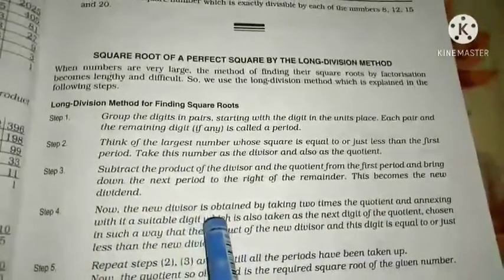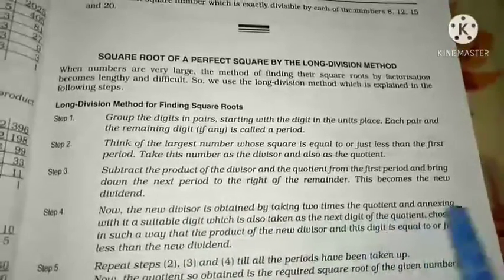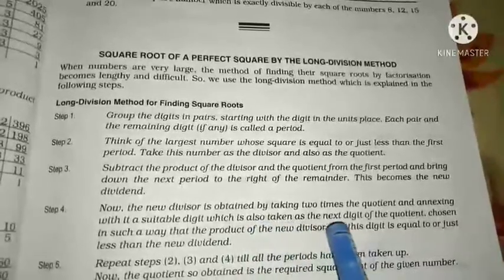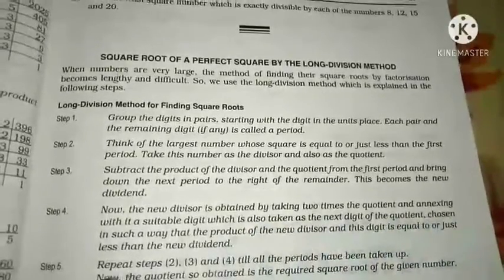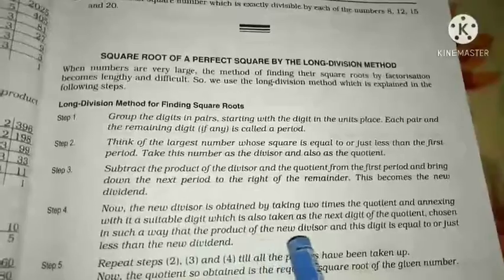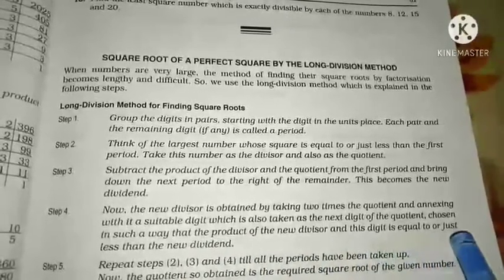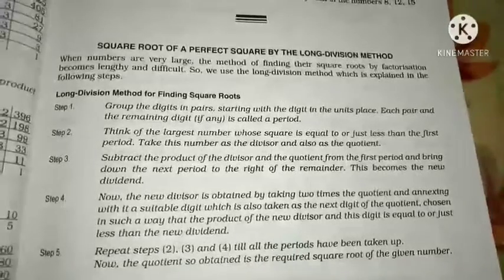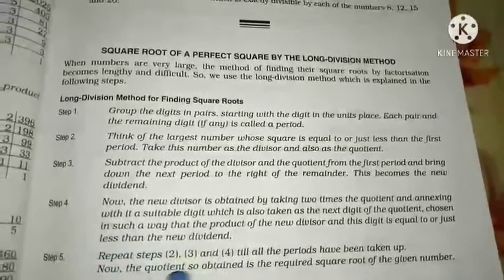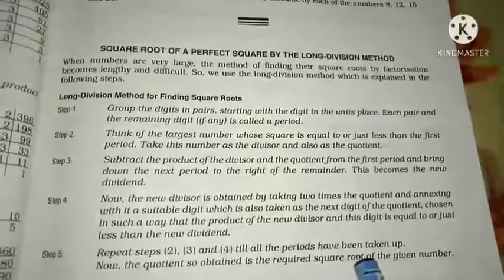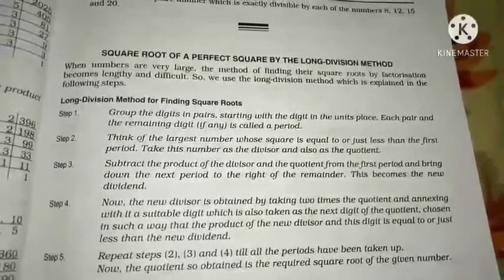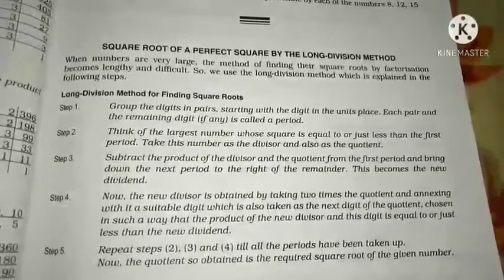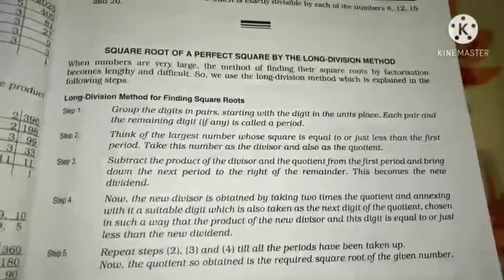Fourth, the new divisor is obtained by taking 2 times the quotient and annexing with it a suitable digit, which is also taken as the next digit of the quotient, chosen in such a way that the product of new divisor and this digit is equal to or just less than the new dividend. Now fifth step is to repeat steps 2, 3 and 4 till all the periods have been taken off. The quotient so obtained is the required square root of the given number.